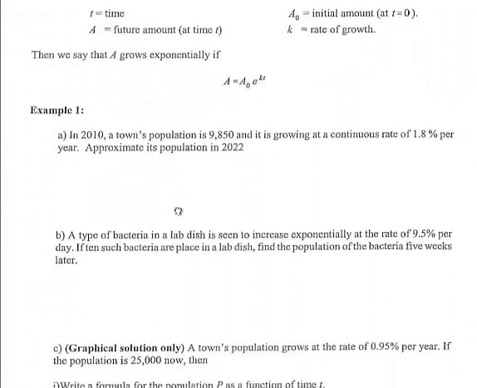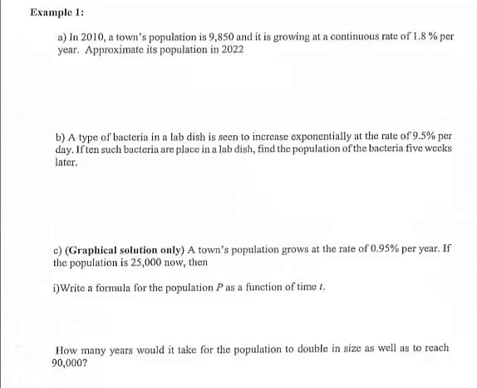So if we scroll down to our first example, the formula is pretty easy to memorize. We have A equals A naught e to the kt, and here K is our rate.